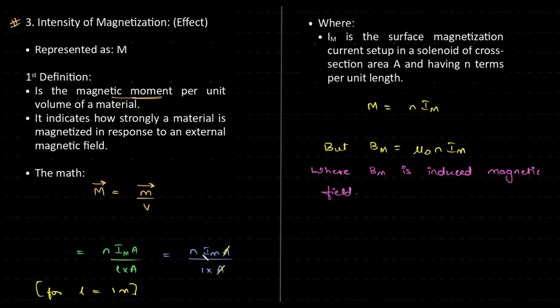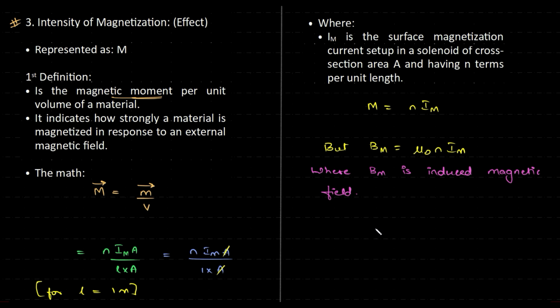And when we substitute all of this, we get M is equal to Nim. The induced magnetic field is given by this formula again. Same thing everywhere. Instead of I naught or I, it's Im. The same formula, no different, but the cause is different, the place is different.